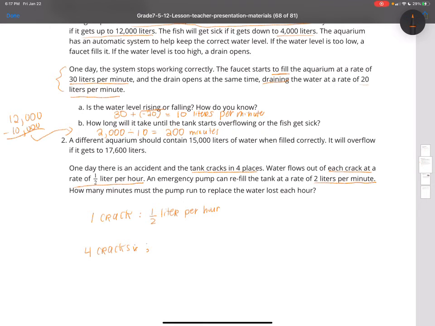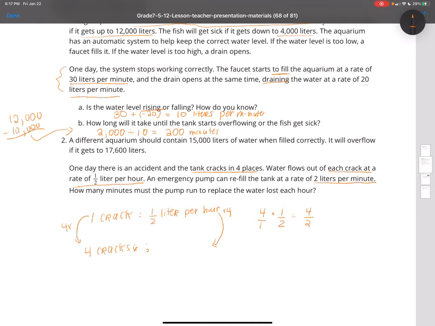So how can I get from 1 to 4? If you guess multiplying by 4 on both sides, you're absolutely correct, because whatever you do to one side, you want to do to the other side. So I want to multiply 4 times 1/2. Make sure we put a 1 underneath that whole number, and we multiply going straight across.